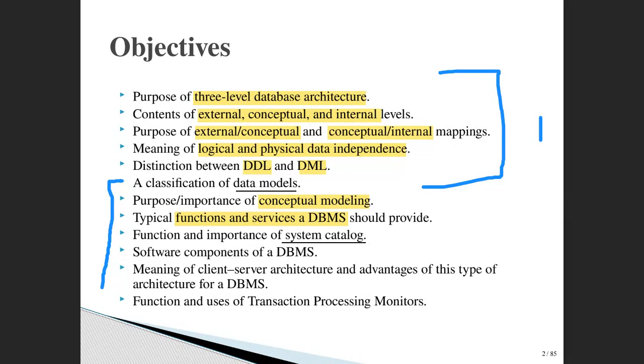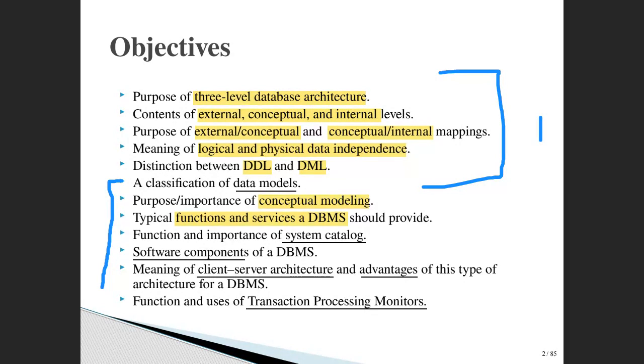What are the main components or software components of the database management system? And then we will discuss the architecture of client server. And also this was discussed before, client architecture and what its advantages are. Then we will talk about transaction processing monitors.